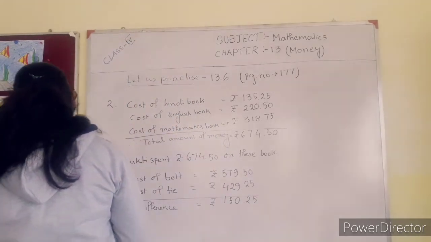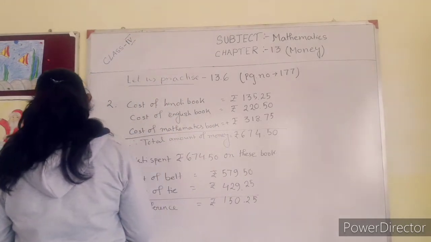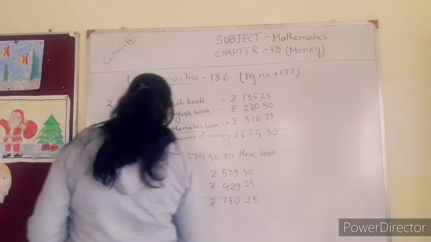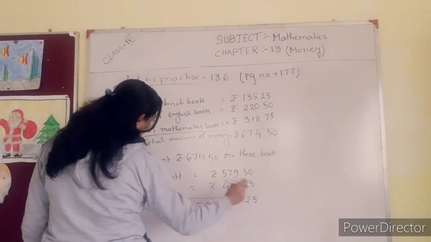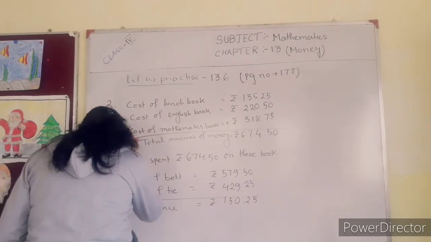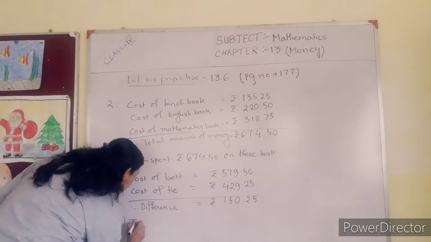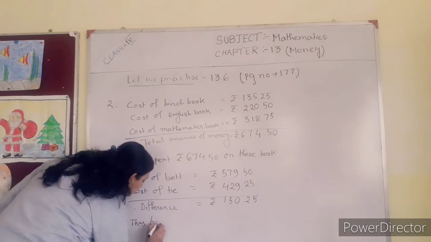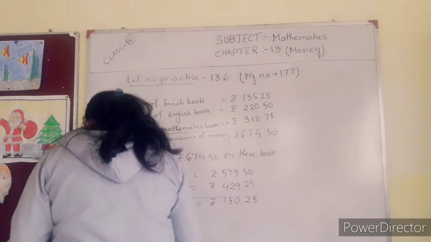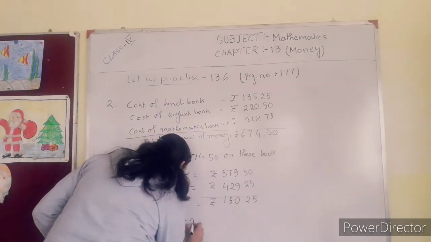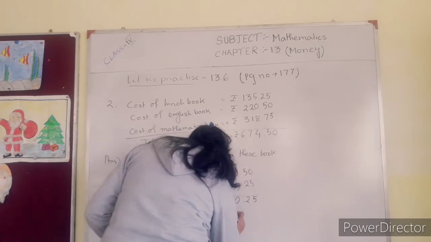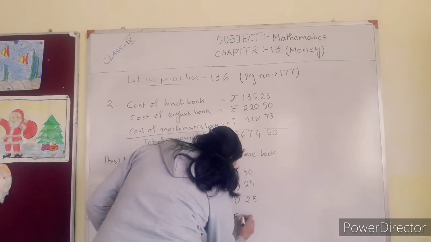The belt costs more than the tie. Thus the belt costs more by rupees 150.25.